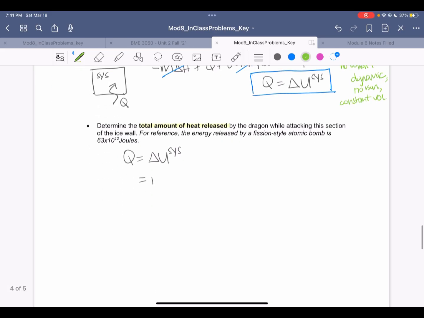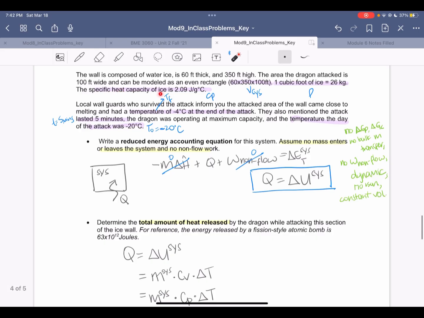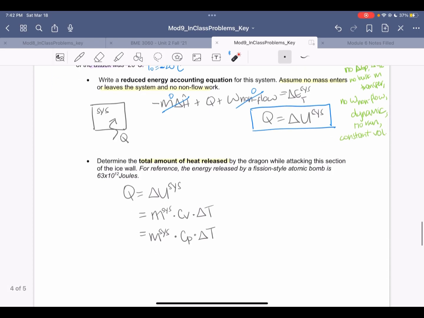Because ice is a solid, I can approximate the change in internal energy by the mass of the system times CV times delta T. And remember that for solids, the heat capacity at constant volume is the same as at constant pressure, CP, right here. This is our specific heat capacity of ice.